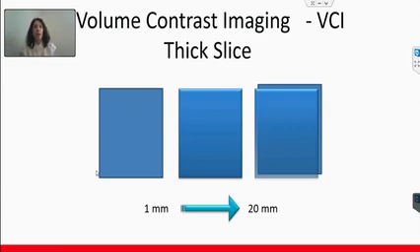We can look at them as a very, very thin volume. We can decide how thin the volume is going to be, whether it's going to be 1 millimeter or you're going to see 20 millimeter or any number in between. But you have to not include information that you don't want to see in the volume.